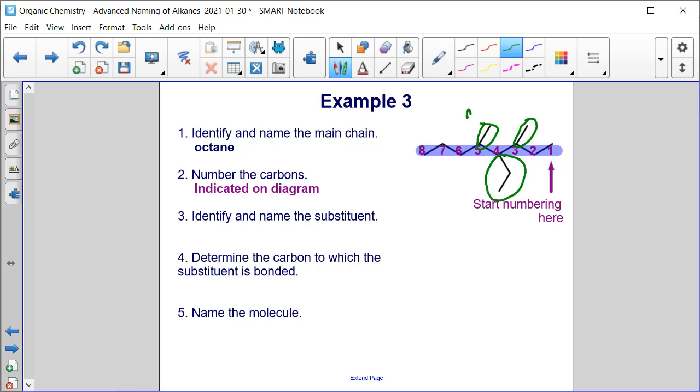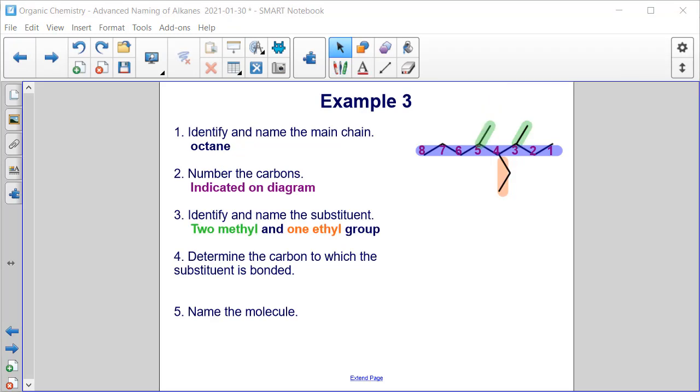This is methyl. This is methyl. And this one is 2 carbons, which is ethyl. All right, so in green, I've highlighted the 2 methyl groups, and in orange, the 1 ethyl group.